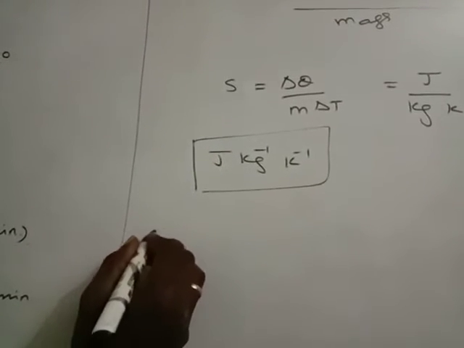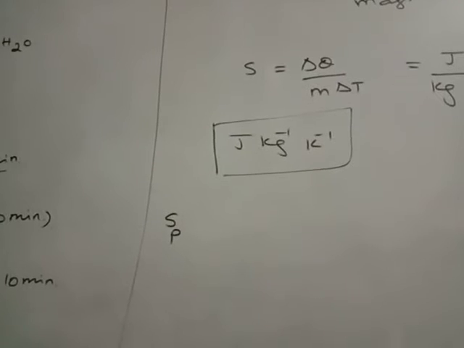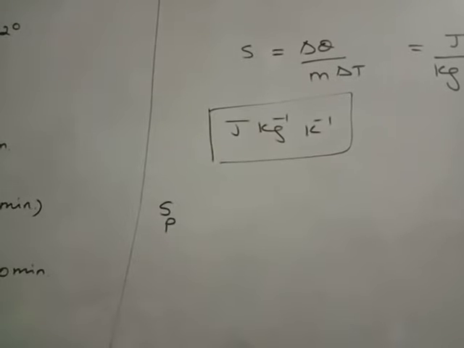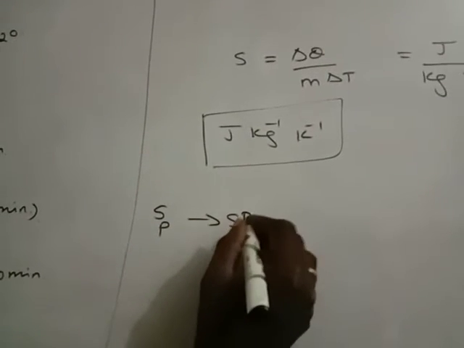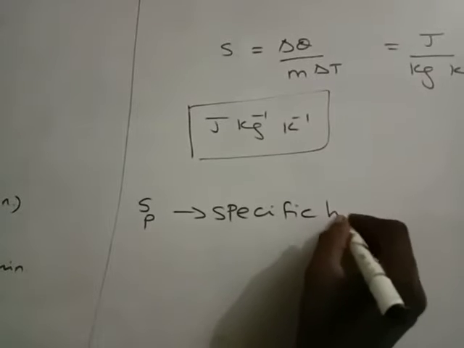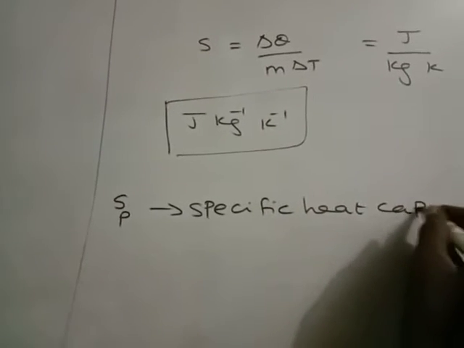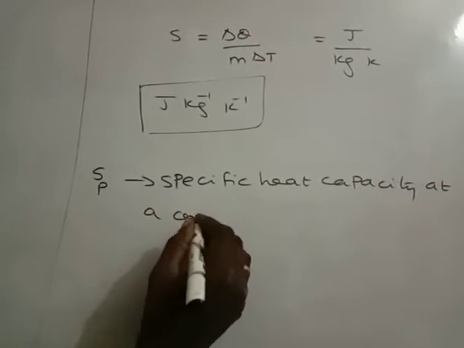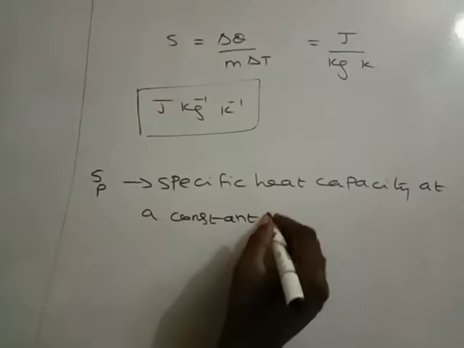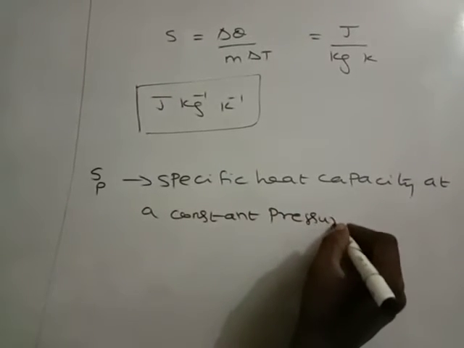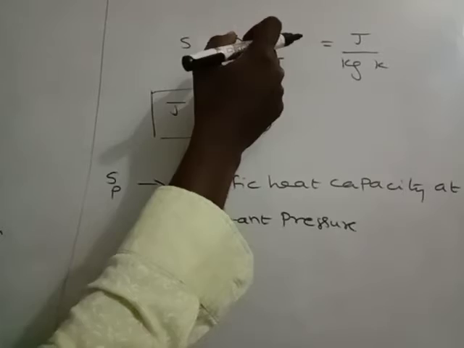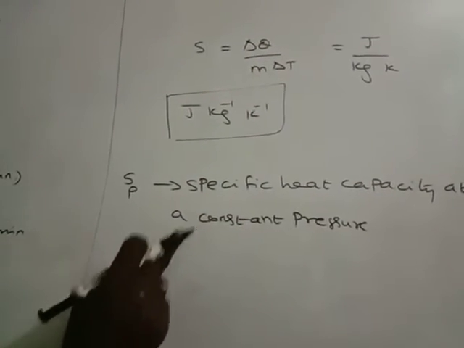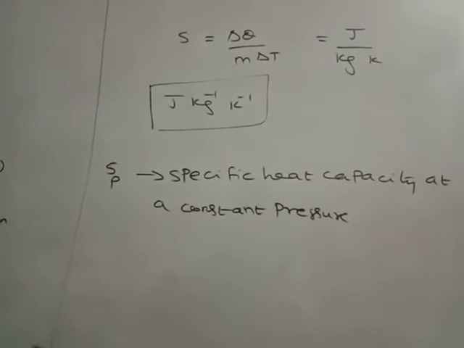Then specific heat capacity at a constant pressure. Cp represents the specific heat capacity at a constant pressure. The amount of heat energy required to raise the temperature per unit mass at a constant pressure is called the specific heat capacity at a constant pressure.